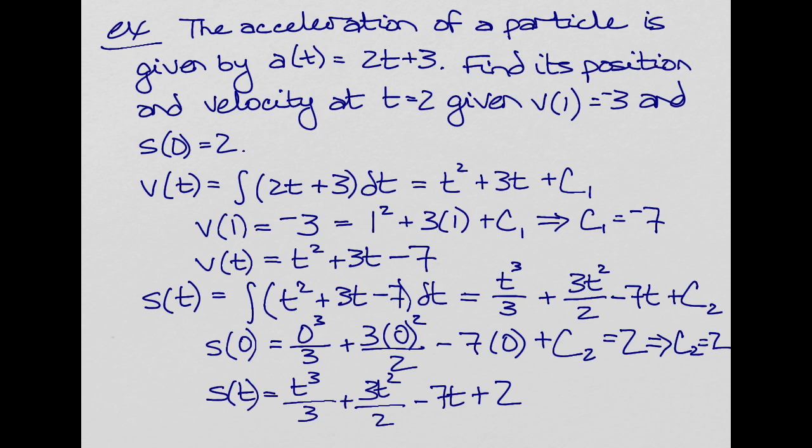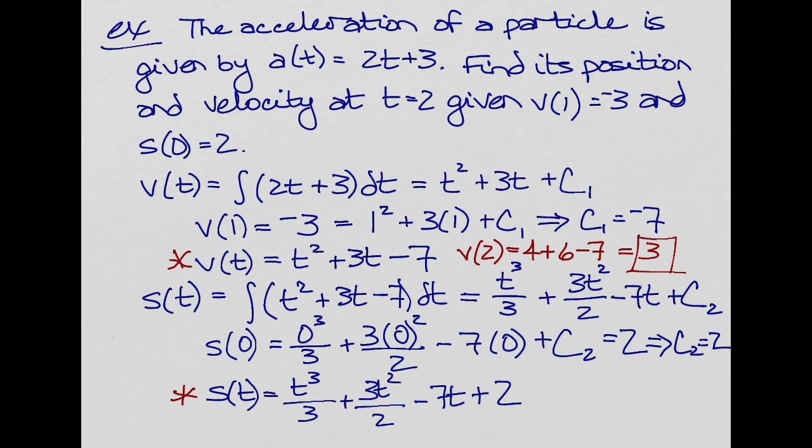Let's see, did we answer the question yet? I don't think we did. Find the position and velocity at t equals 2. Well, I have the position function and the velocity function. We just need to evaluate them at 2. The velocity at t equals 2 is 2 squared plus 3 times 2 minus 7, which is 3.